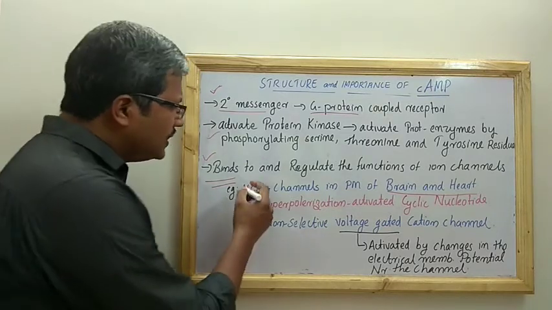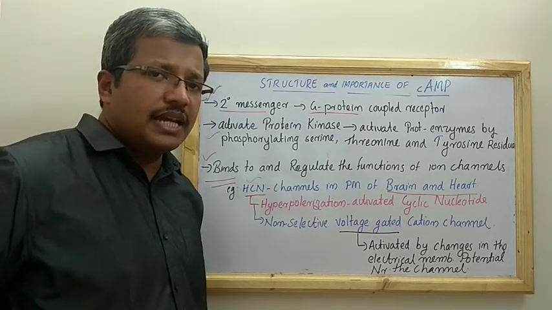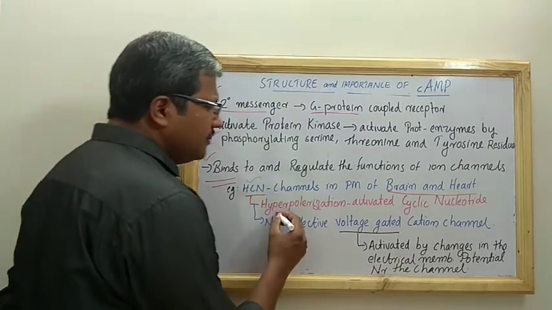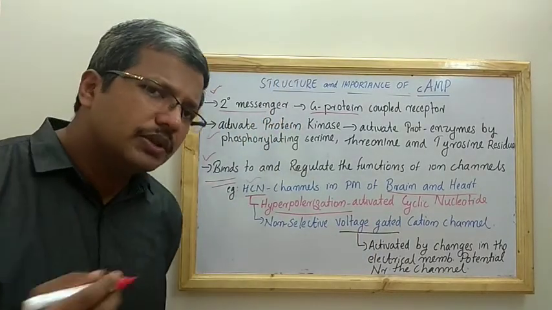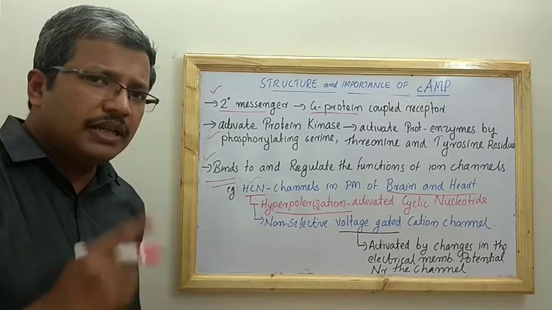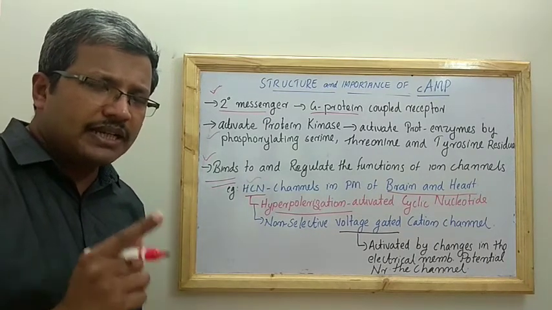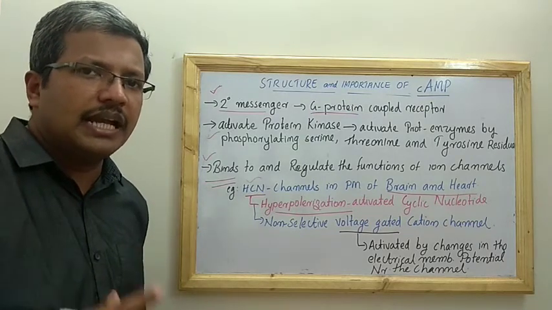Now let us see what is actually meant by the HCN receptor, HCN channels. So we can see that it is nothing but the hyperpolarization activated cyclic nucleotide channel. The HCN channel is nothing but the hyperpolarization activated cyclic nucleotide channel.